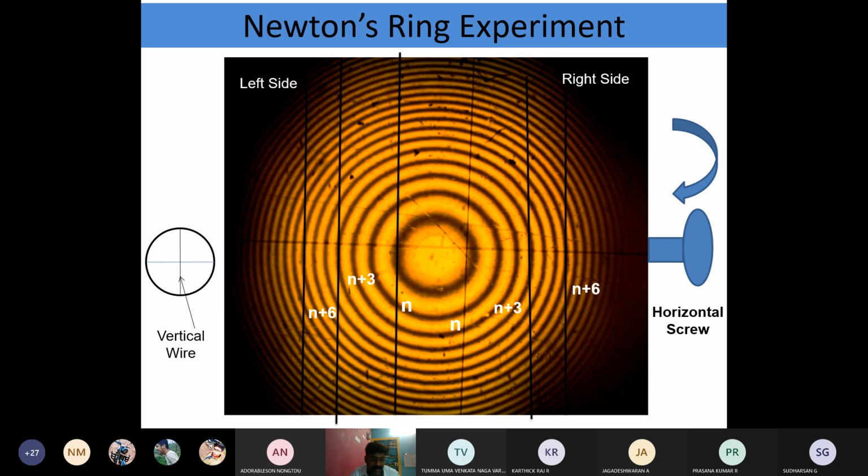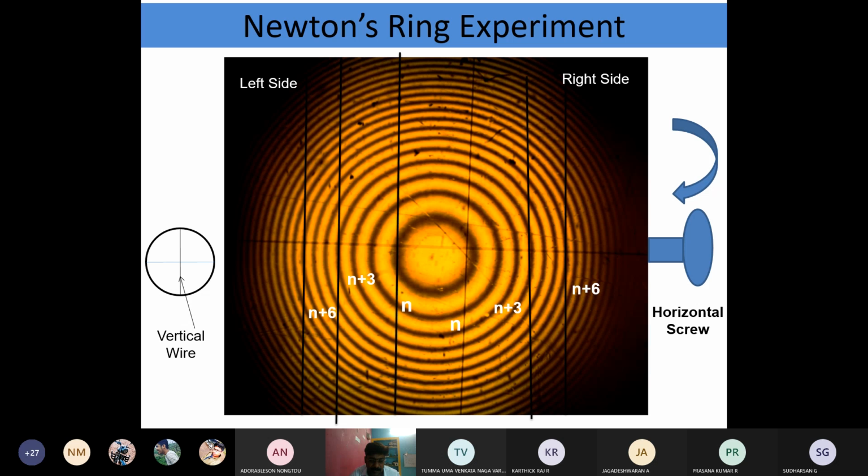Without seeing, we can't do the fixation. So you have to place your eye in the eyepiece section while your right hand moves the screw, see the movement simultaneously, and fix the position. Here the horizontal wire is exactly fixed at the first circle. By moving the horizontal screw, the scale also will change.